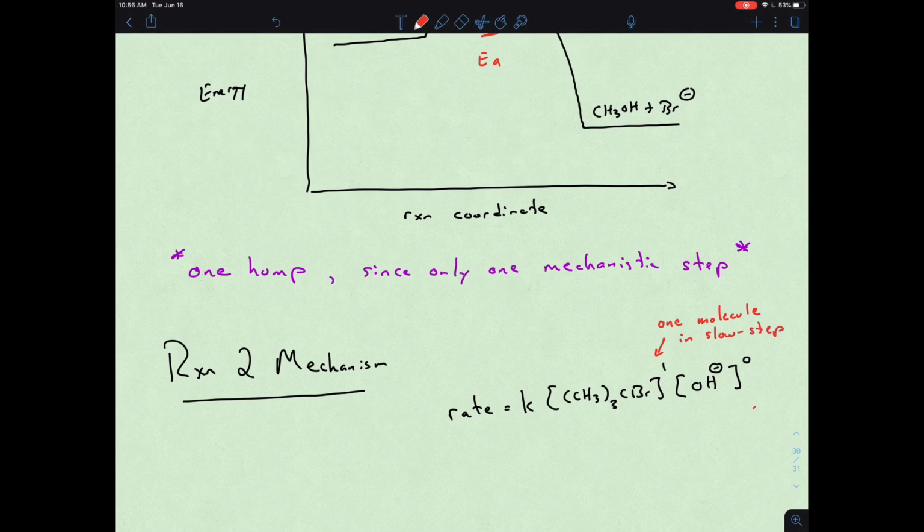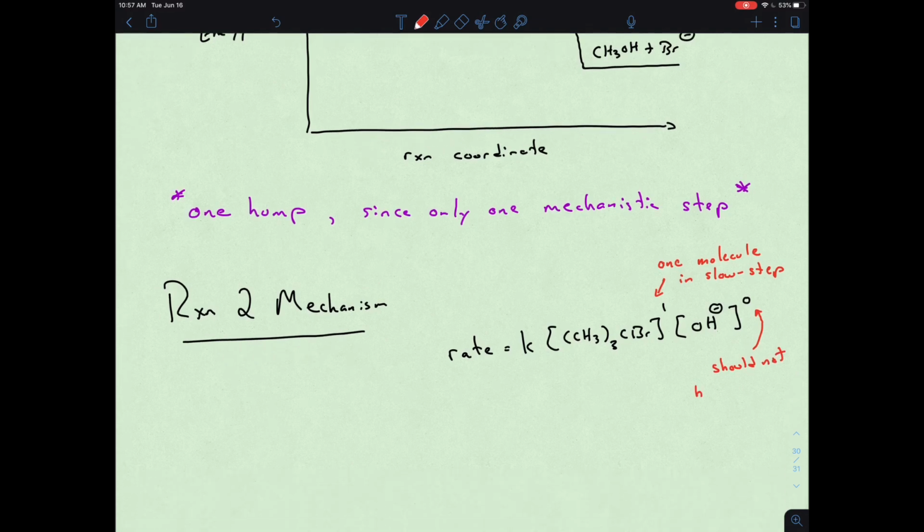That also means for our other one that this should not be part of that slow step. So that's what that 0 order is describing, is the fact that the reaction is independent of its concentration.